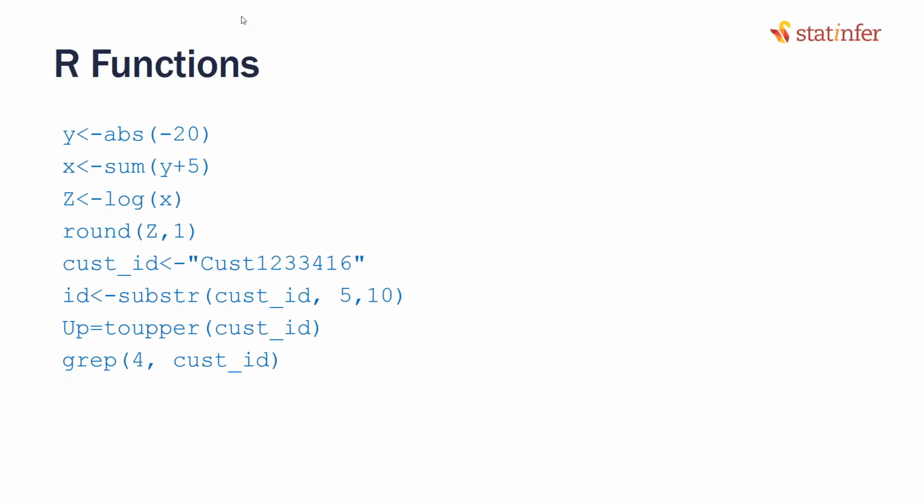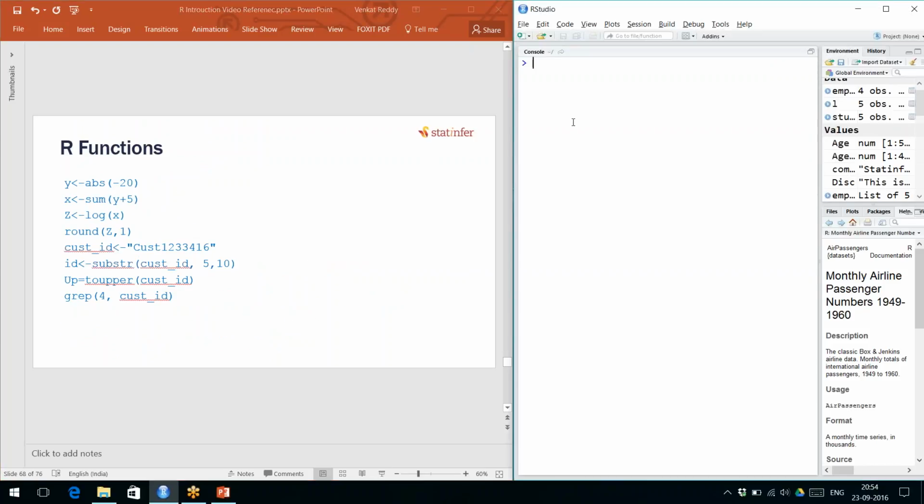If you are not aware of what a function is doing, you can actually find out in the help. Let's say I don't know what grep is doing, I can do this.